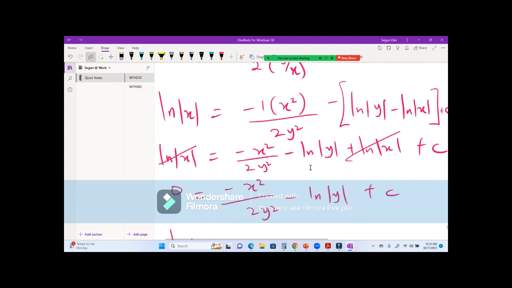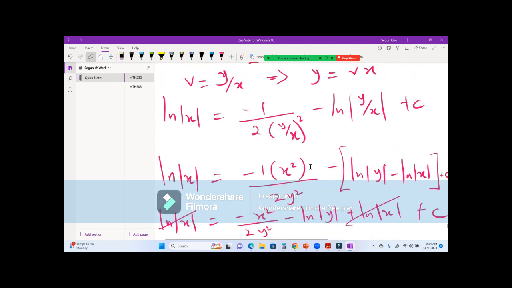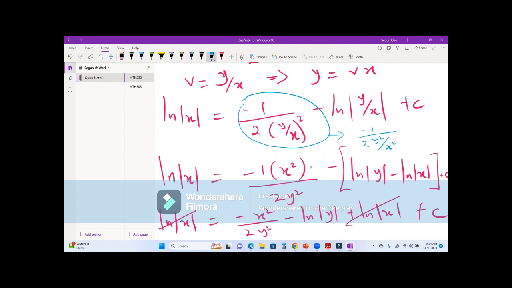Excuse me, sir. I didn't get how we've gotten the ln x equals minus x squared all over 2y squared. Okay. Do you agree with this side? Yes, sir. If you agree with this, it's the same thing as you have minus y all over 2y squared over x squared. Do you agree?